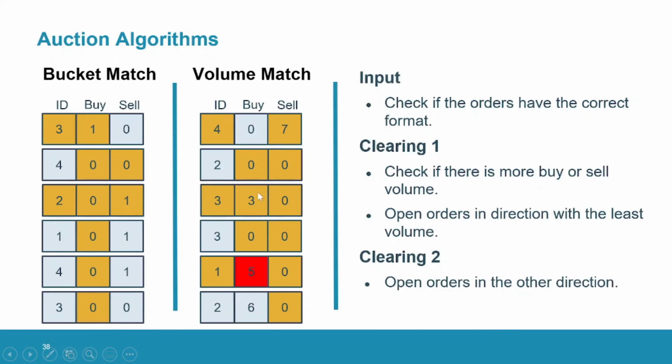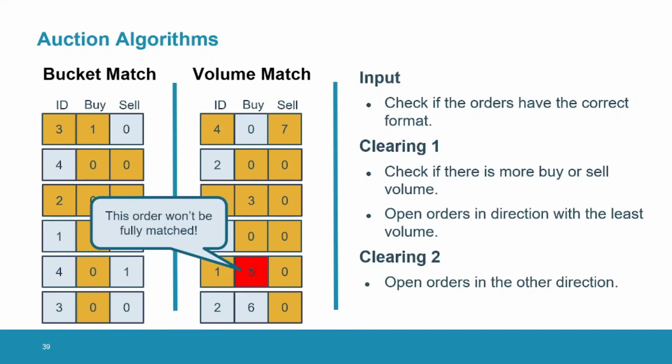So after opening this order with volume 3, we will be left with 4 volume units left to trade. Then the next order with some buy volume is this order with buy volume 5. And note that if we open this volume, then we know that there will be 1 volume unit left to trade here. And we don't want this to happen. So we don't want to know about some volume that still hasn't been matched. So we have to figure out a way to open the order such that this doesn't happen.